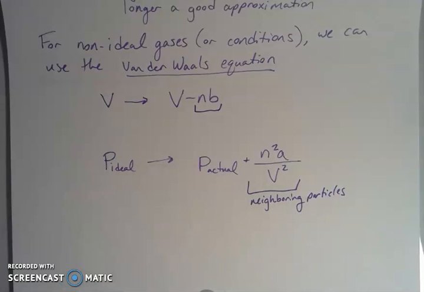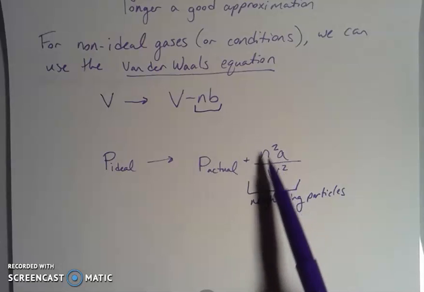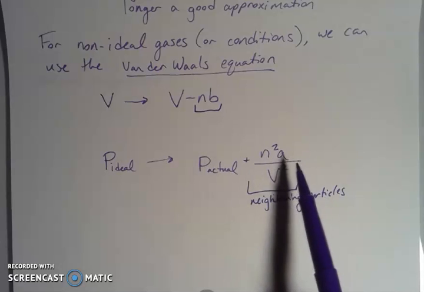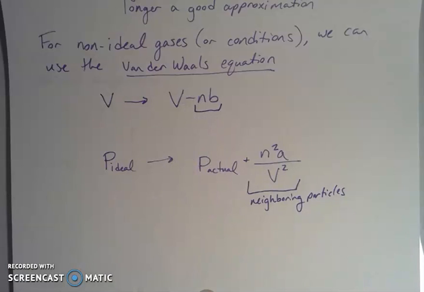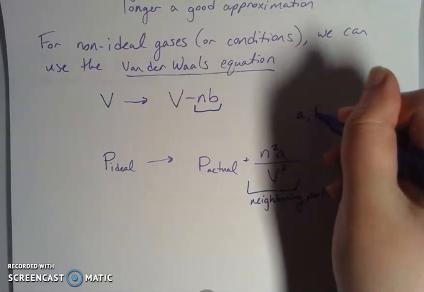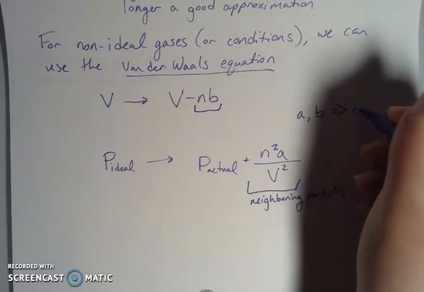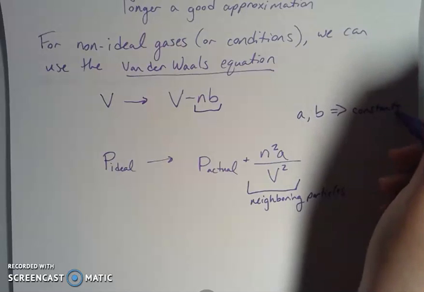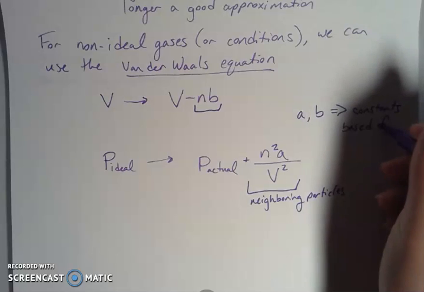The pressure is no longer going to just be the pressure that comes from the collisions with the walls of the container, as we saw in PIV-NERT, but now there's going to be this potential of interaction between neighboring particles, and that's factored in by, again, n is the number of moles, V is the volume. a here, like b, is a constant that's associated with a particular gas. So a and b are look-up-able constants based on the identity of it.